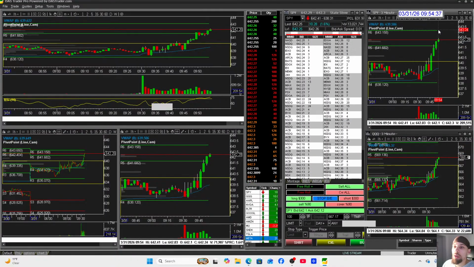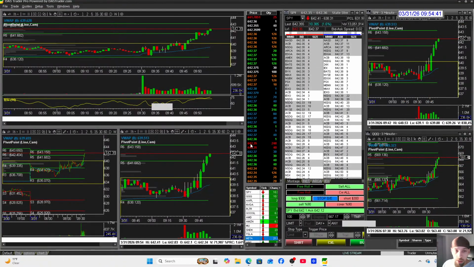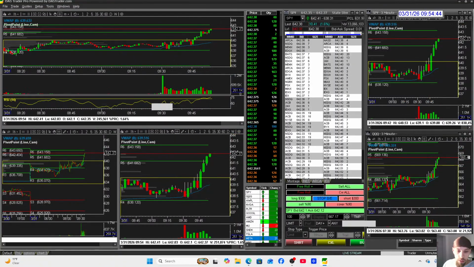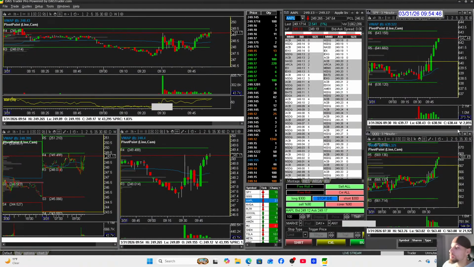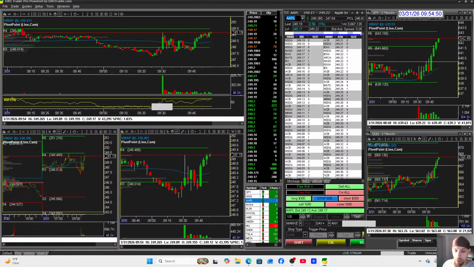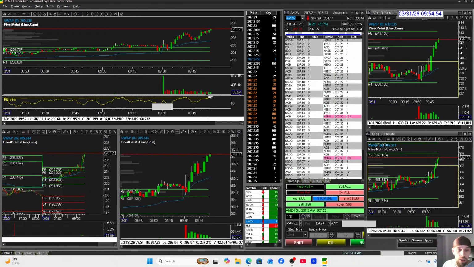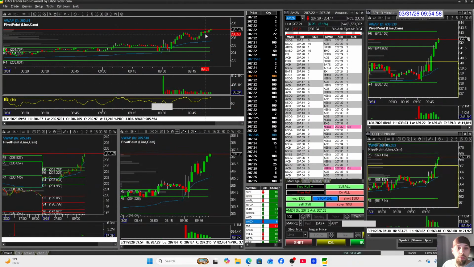SPY making its way to R6, Q's making its way to R5. So lots of bullish price action right now. Amazon very bullish here.